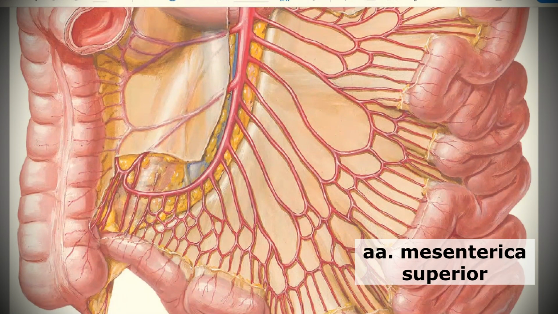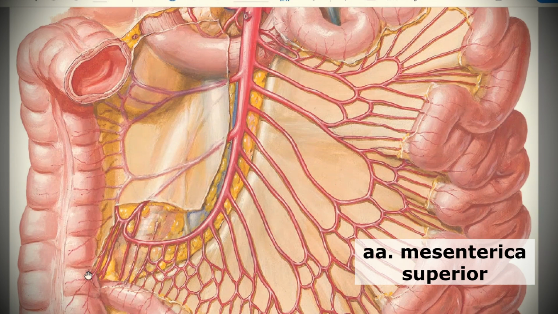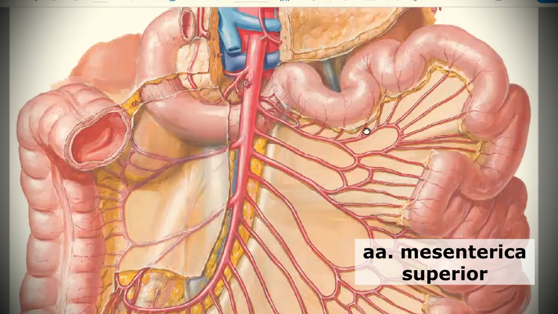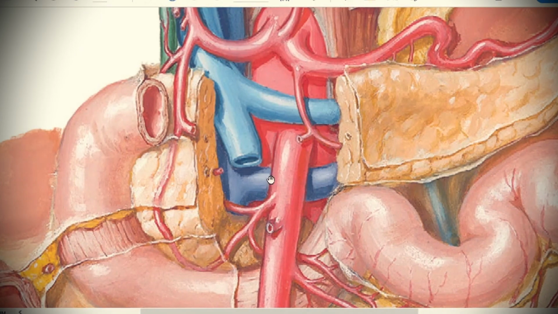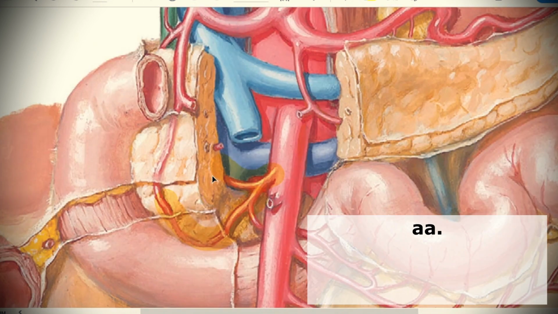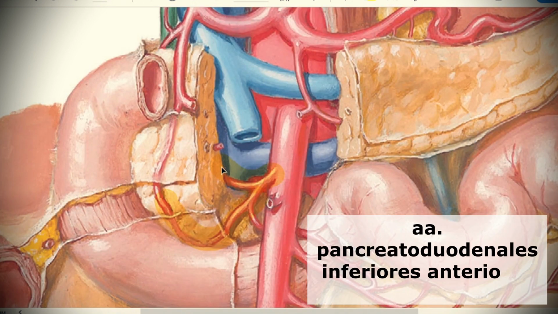It supplies almost all of the small intestine and half of the large intestine. But the first branch of the superior mesenteric artery is also a pancreatoduodenal artery that divides into posterior and anterior branches. So it will be called arteria pancreatoduodenalis inferior anterior and arteria pancreatoduodenalis inferior posterior.